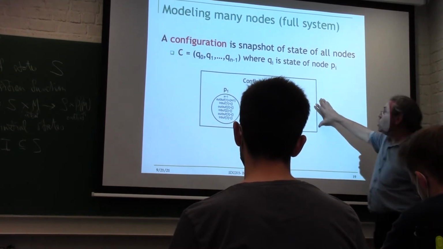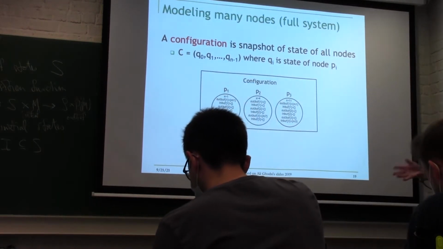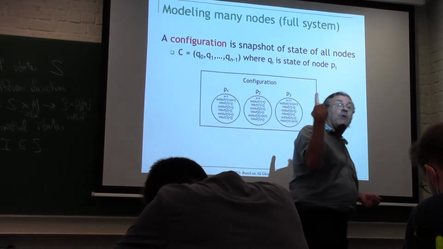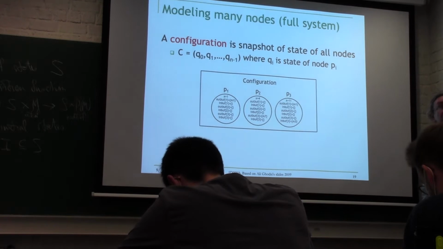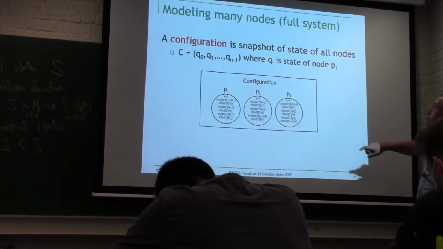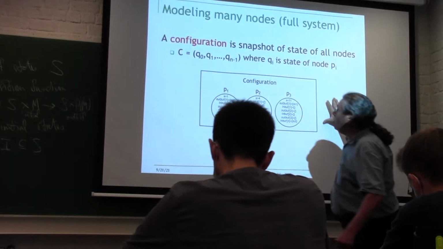We call this a configuration, purely to avoid confusion. If I tell you the state is this, you know I'm talking about one node. If I tell you the system is in this configuration, you know I'm talking about the whole distributed system. So the configuration is the state of the whole distributed system.